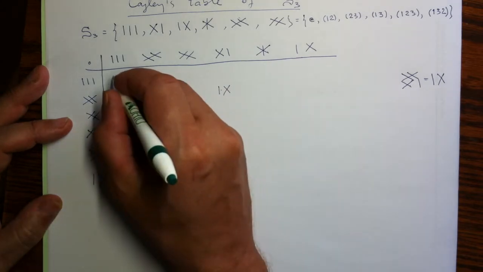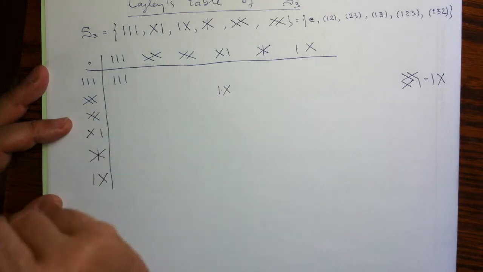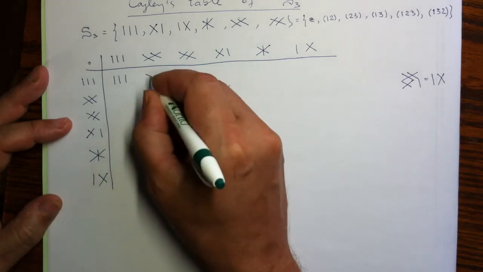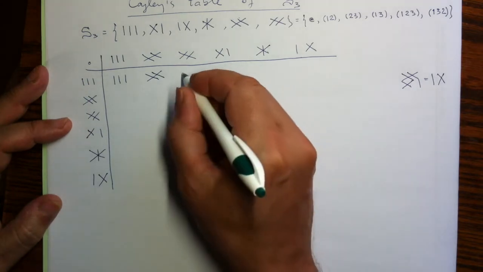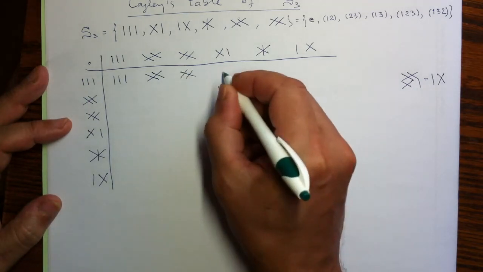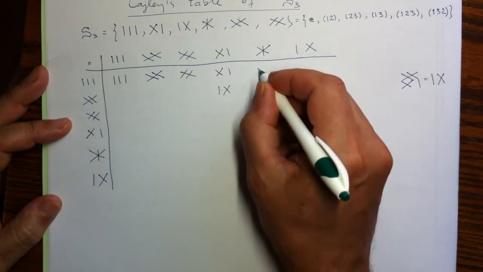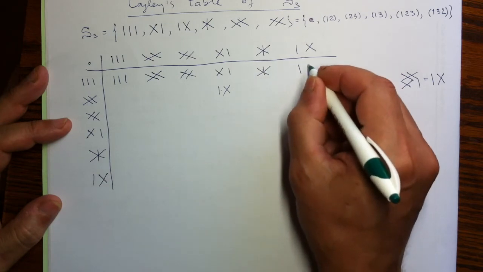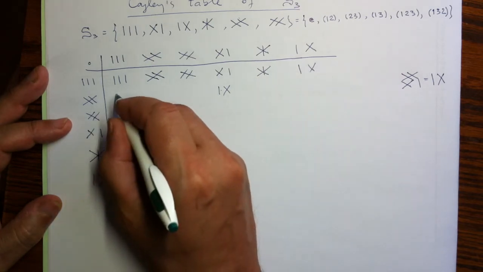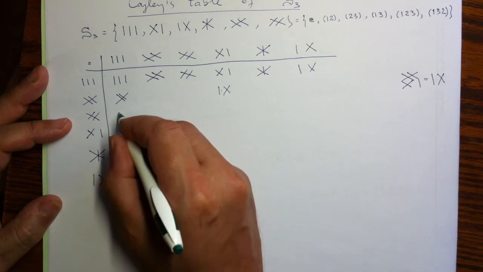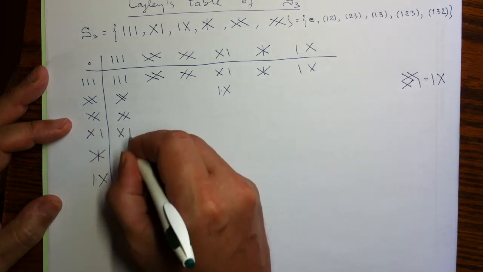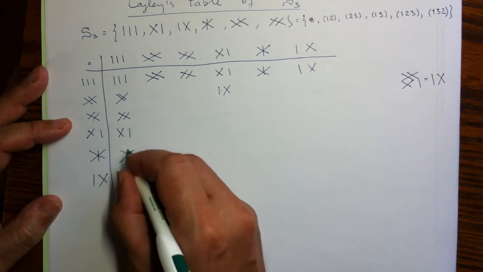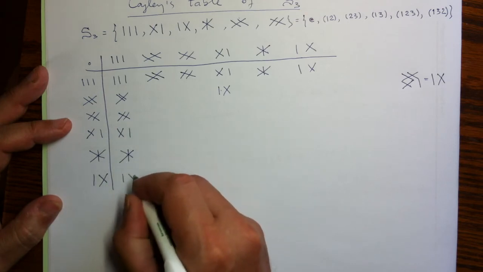But let me start from the beginning. The first row and the first column are easy because it's just composing with identity from one side or the other, and that is a trivial matter. And that is just here as well, repeating the elements we compose with the identity.